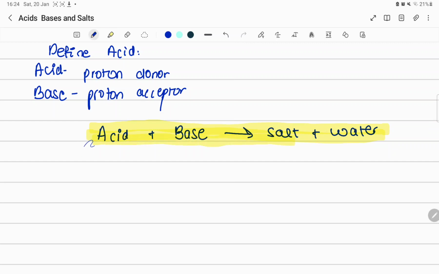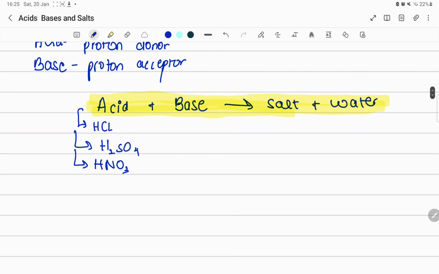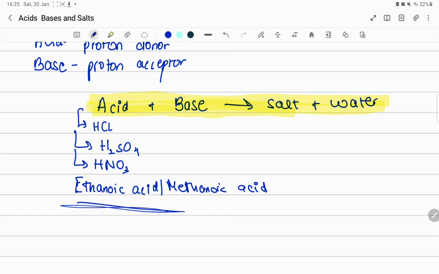Your acids can be hydrochloric acid, sulfuric acid, nitric acid. There are also acids in organic chemistry like ethanoic acid and methanoic acid. However, you do not need to know them specifically for this chapter. Still, these will also follow the same concept that the main ones you need to know will be following.